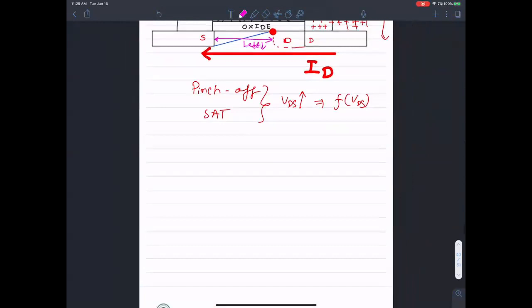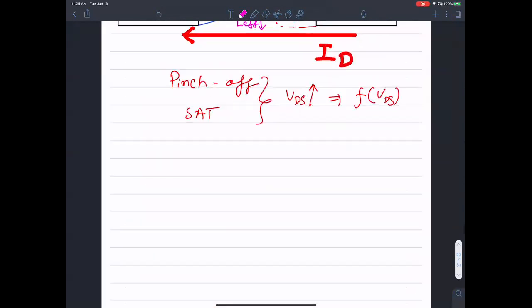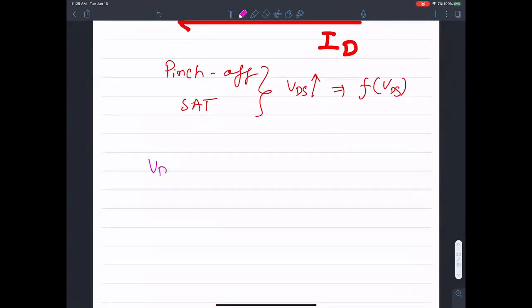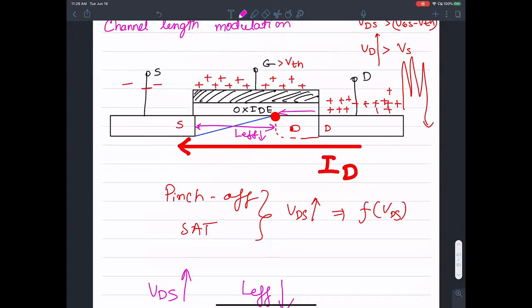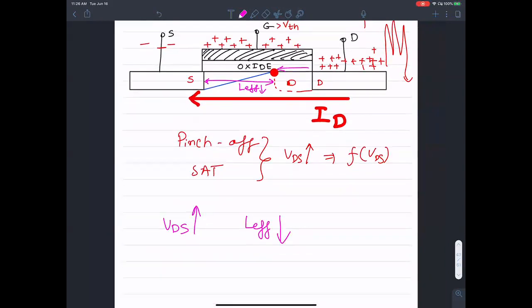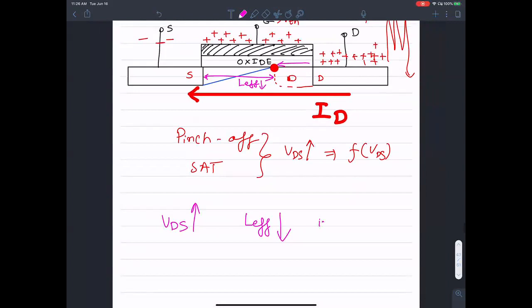So here is a very interesting leap that I'm going to make. Because of VDS increasing, the pinch off point moves closer towards the source, so the L effective decreases. As the drain extends its reach further and closer to the source, the effective length decreases in the saturation region. What do you think happens to ID?